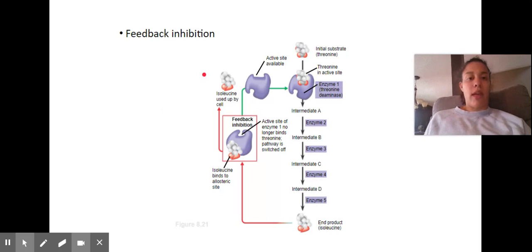So over here, we have this initial enzyme-substrate complex where threonine attaches to the active site, right? We can also see that there is an allosteric site over here at the bottom of the enzyme that's unoccupied. So the enzyme is functioning, right?